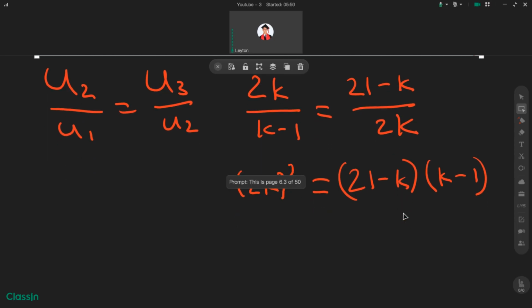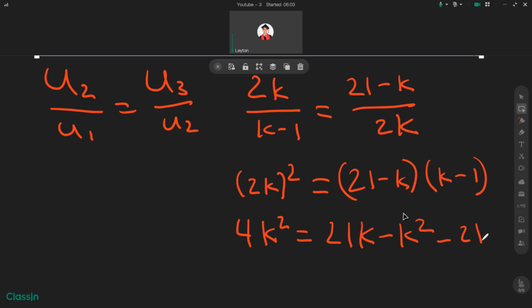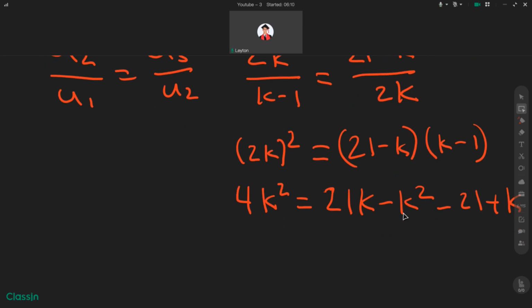And then we expand both sides. 4k squared is equal to 21k minus k squared minus 21 plus k. And now we can move everything to the same side. We'll move it all to the left.